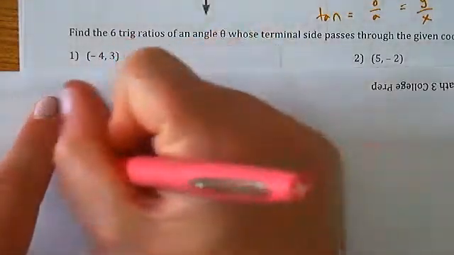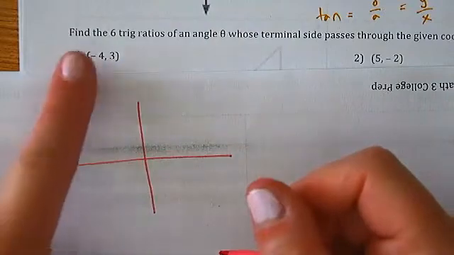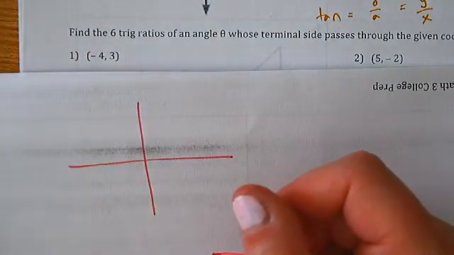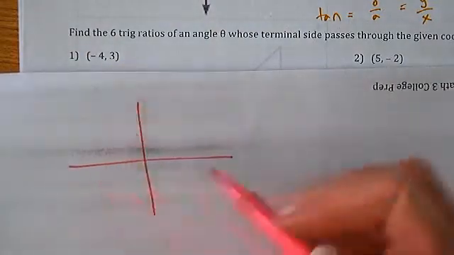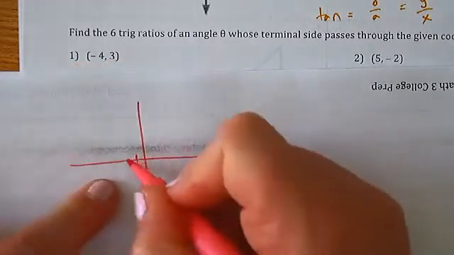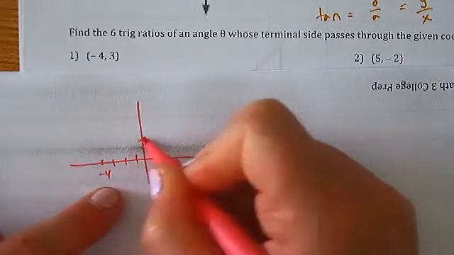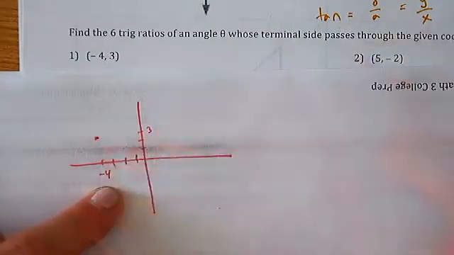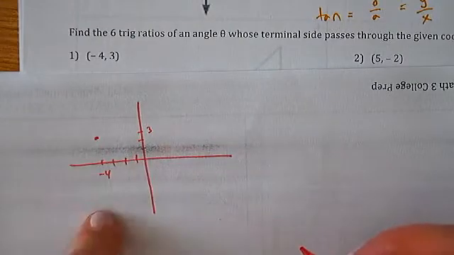So on a coordinate plane, what quadrant would that fall in? If we go left 4 and up 3, that would fall in quadrant 2, right? It's no other quadrant.